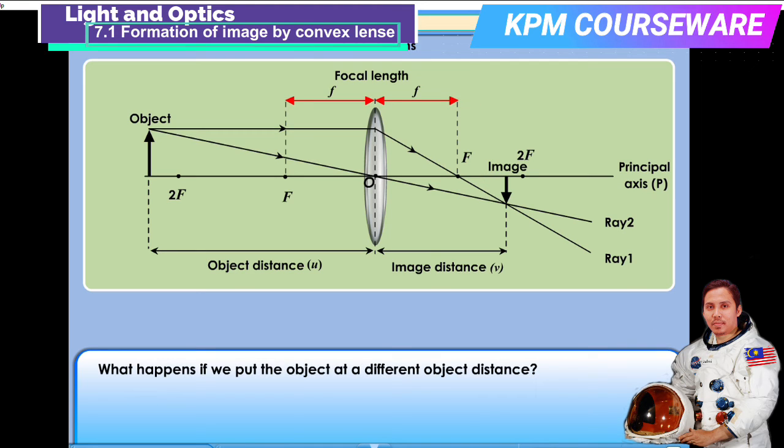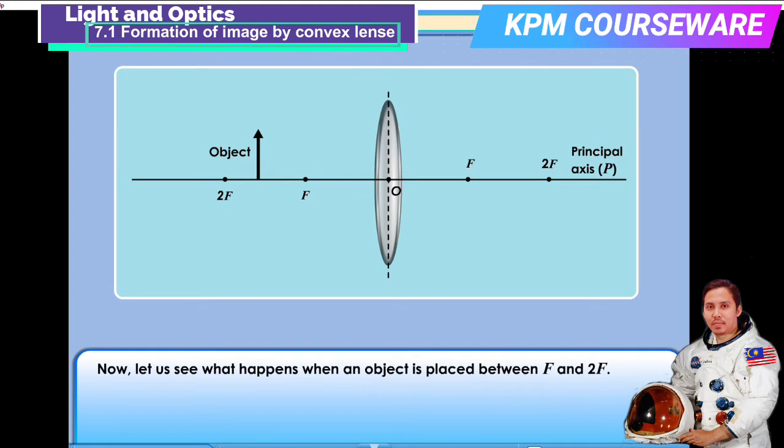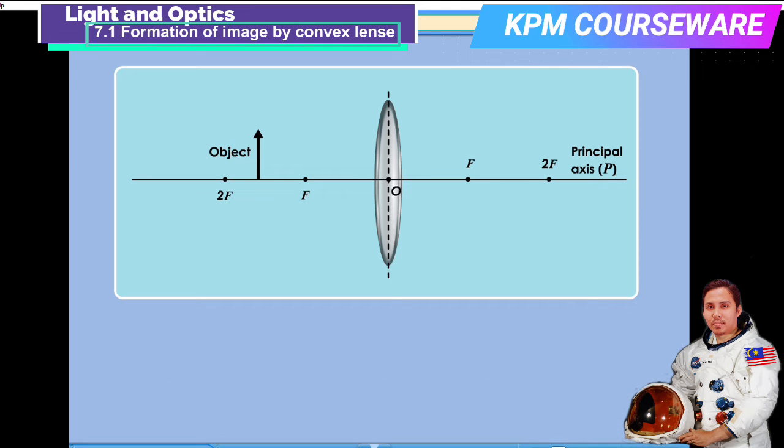What happens if we put the object at a different object distance? Now let us see what happens when an object is placed between F and 2F. Click on the lens to find out. Can you describe the characteristics of the image formed? Is it the same as in the previous case where the object is placed beyond 2F?